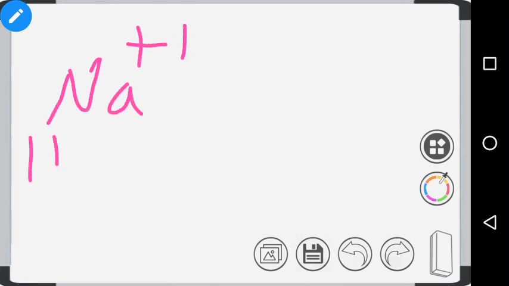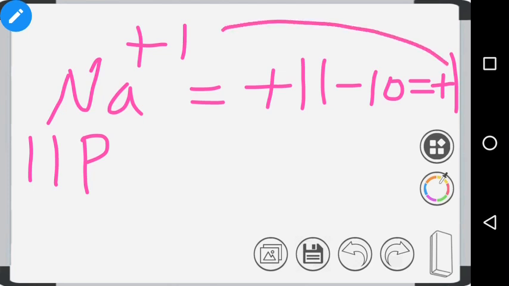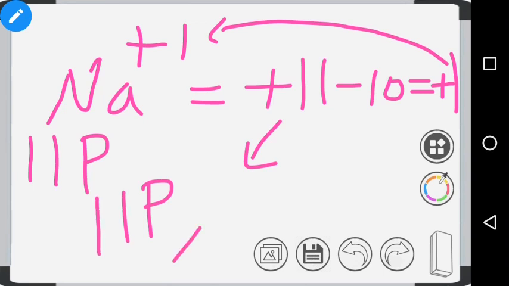In Na you have to give plus 1. How can you make it plus 1? This 11 number is fixed, since it is the number of protons. So by what number do you subtract? Minus 10 gives plus 1. This plus 1 is a charge. So 11 protons and 10 electrons are there. I hope I gave you a lot of tricks.